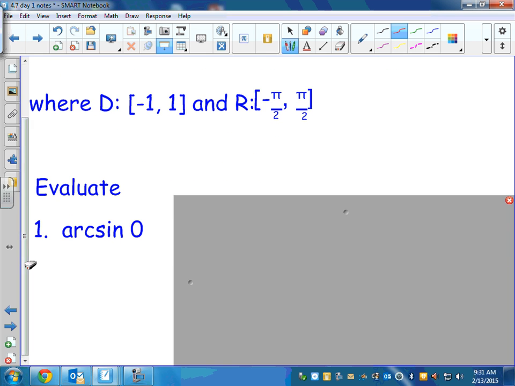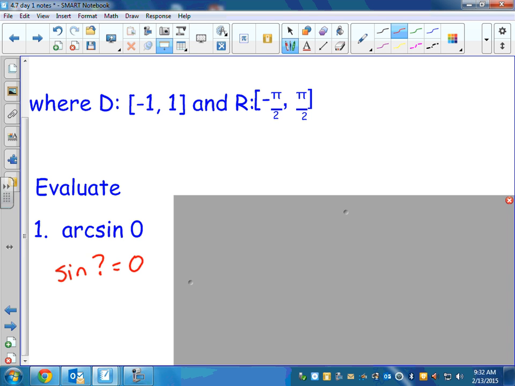So, here's what you have to think, okay? You have to think about this is now the domain. This is the value, and you have to get the angle. So it's really easy. You can rewrite this if you want. This is like saying the sine of what equals 0. So you could say 0. We could say pi.